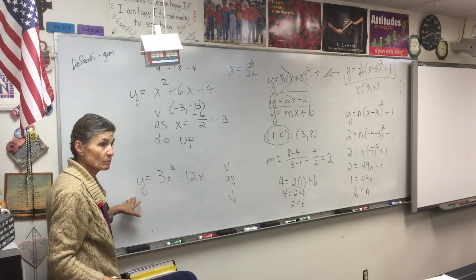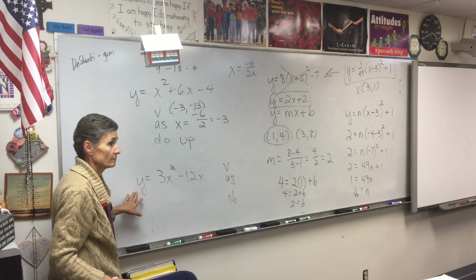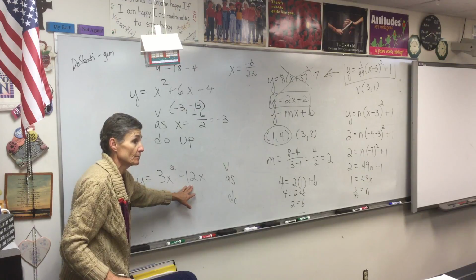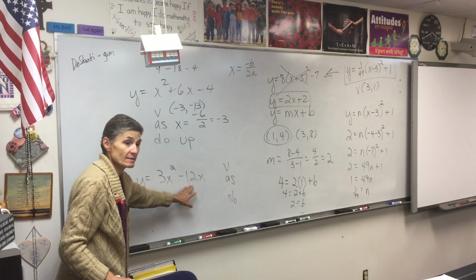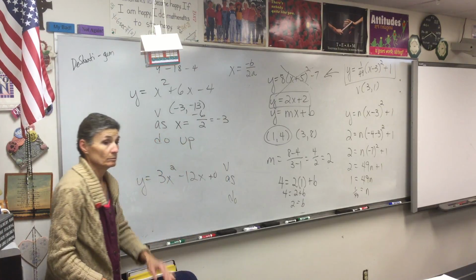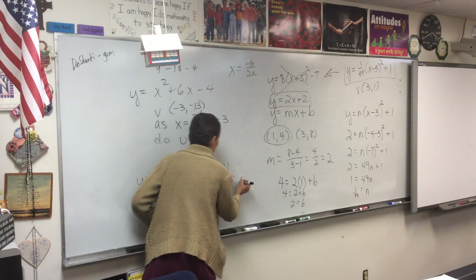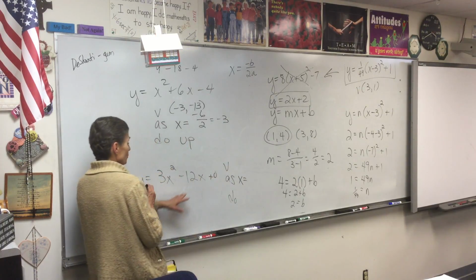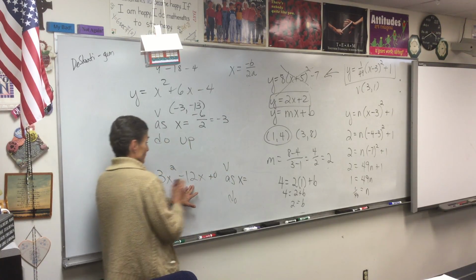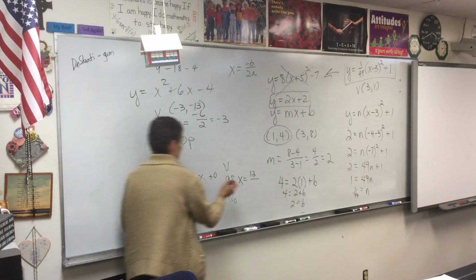Now, can we do the same thing with this problem? We absolutely can. What's A? 3. What's B? Negative 12, and C is 0. But I don't need C anyway. So negative B over 2A, my axis of symmetry, x equals negative B over 2A.